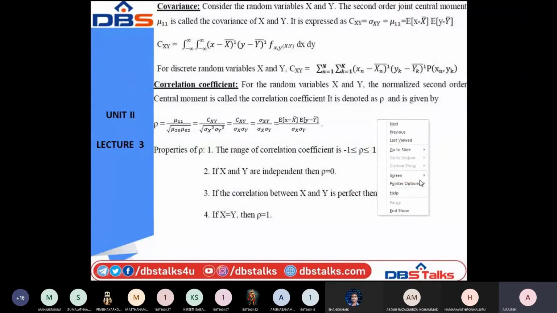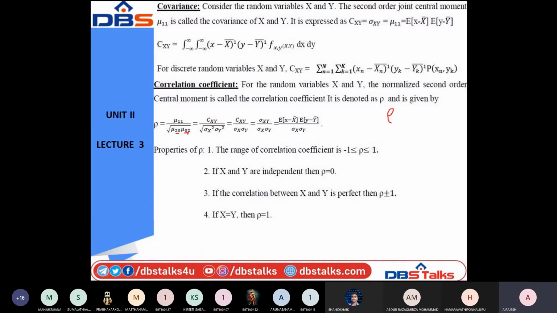Rho is given by mu of 1 1, this is the covariance, divided by the square root of mu of 2 0, that means x is 2 and y is 0, into mu of 0 2, that is x is 0 and y is 2.